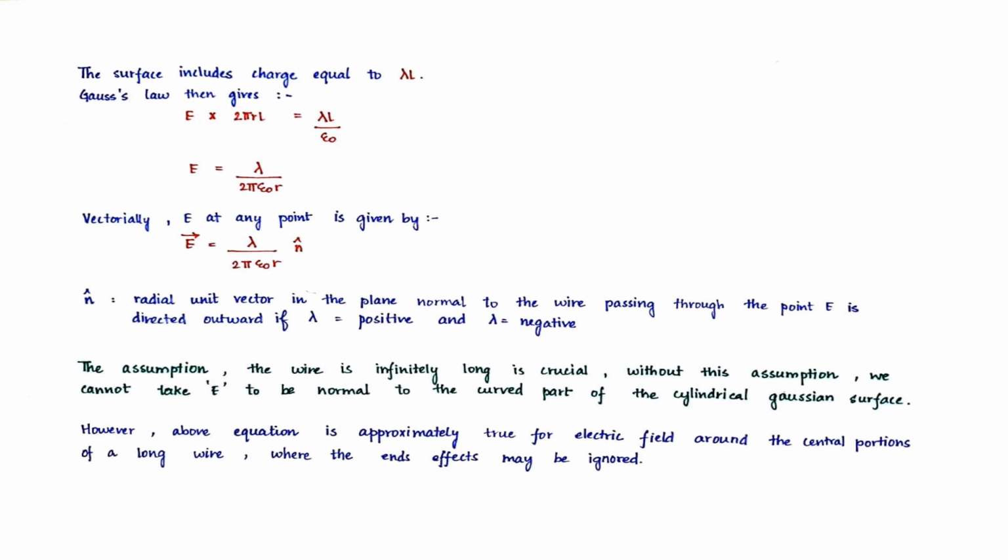The surface includes charge equal to lambda L. How did we get that? We get it from the linear charge density, already explained in this slide and even in the previous slide. Linear charge density is defined for a length of a wire and it is denoted by lambda.